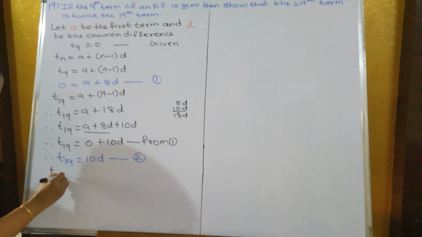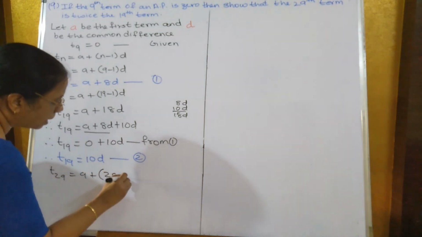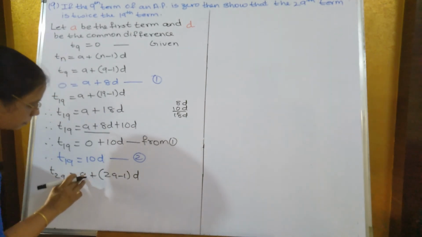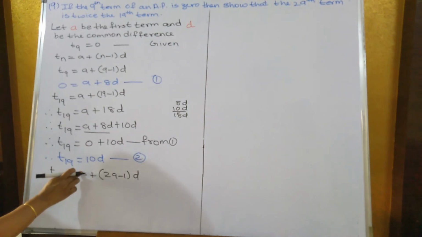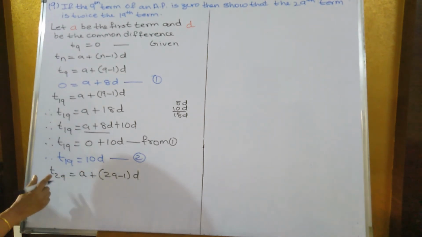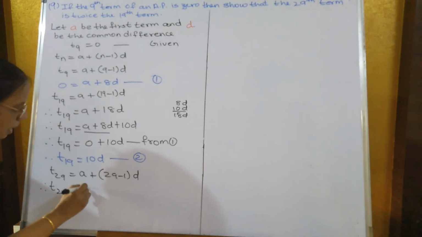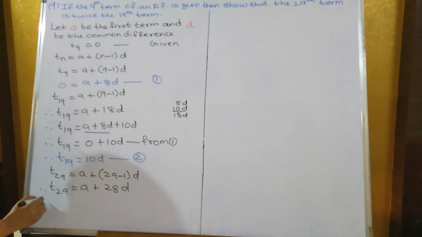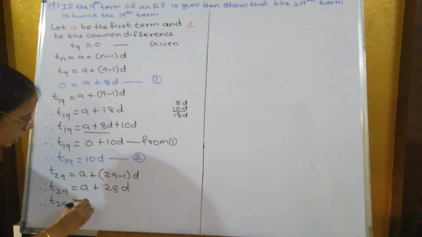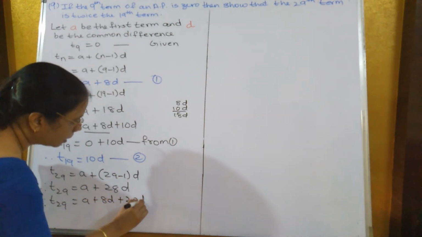Now we will take the 29th term. T29 is equal to a plus 29 minus 1 into d. Therefore T29 is equal to a plus 28d. Now break this 28d like the previous one. So T29 is equal to a plus 8d plus 20d.